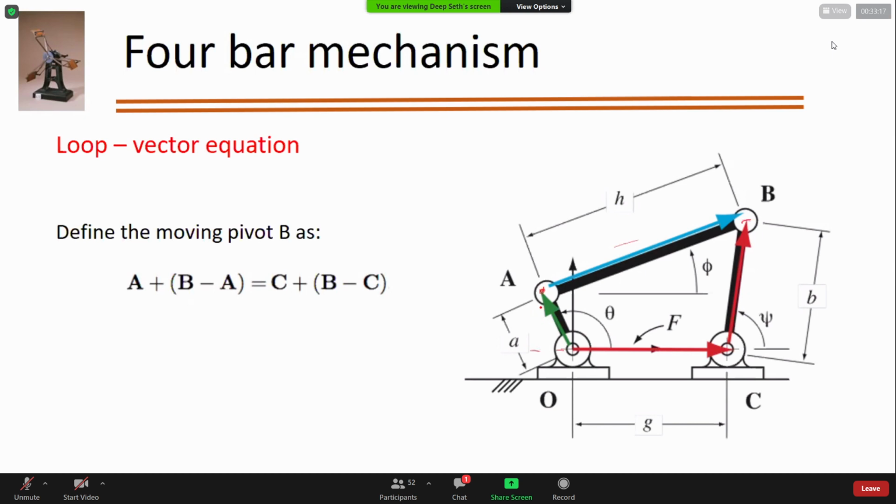So you know the position of A plus H, and you will reach at B.